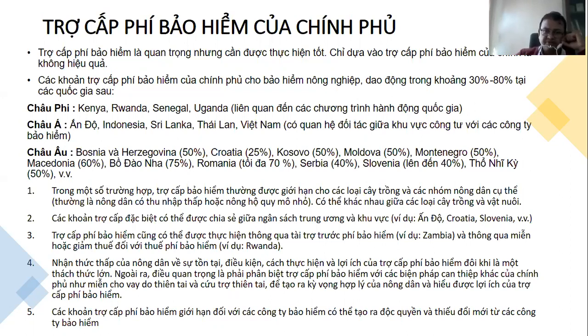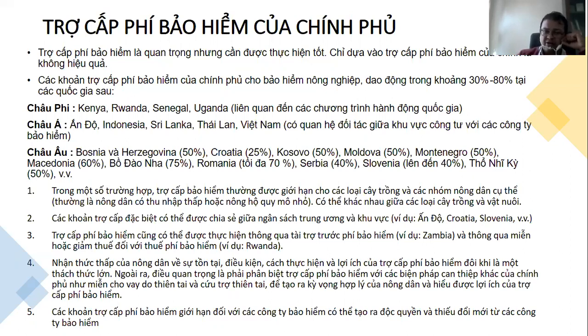There have been premium subsidies in many different countries. Approximately speaking, it has varied between 20-30% to 80% or even 100%. In Africa, premium subsidies are there in various countries like Kenya, Rwanda, Senegal, Uganda.